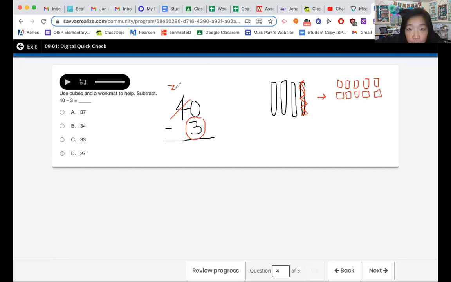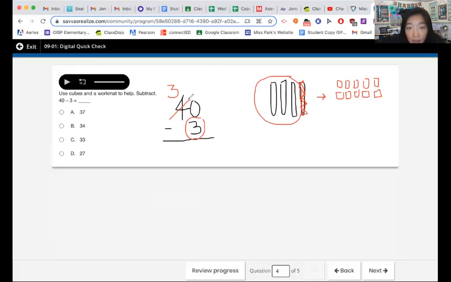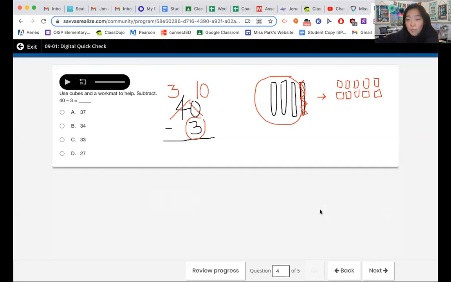We borrow it, so they only have 3 10s left. There's only 3 of them left. And get 10 more. And 0 becomes a 10 because we just added 10. Now, this should be fairly easy. We're going to subtract 3. 10 minus 3 equals what?